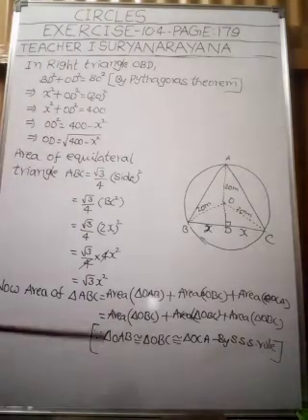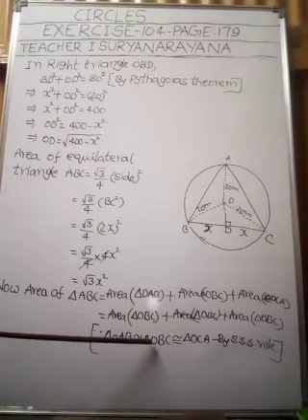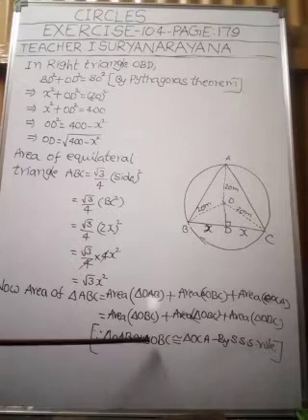All these three triangles are congruent to each other. Congruent triangles. Understood this step, my children?